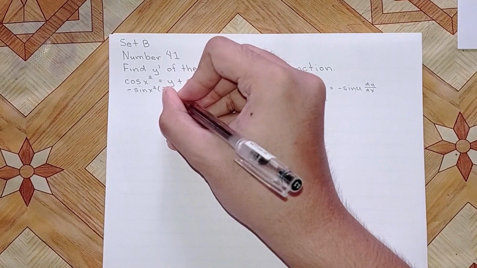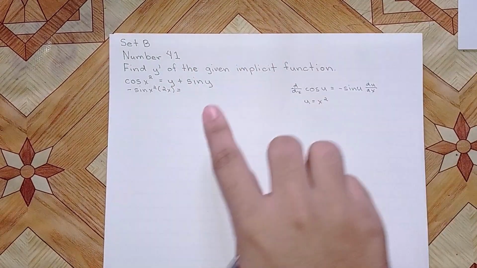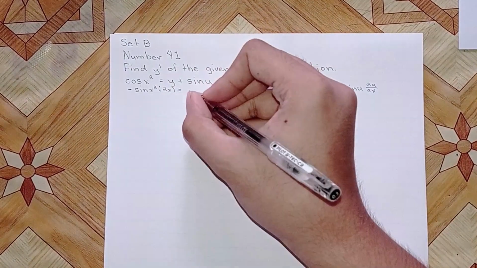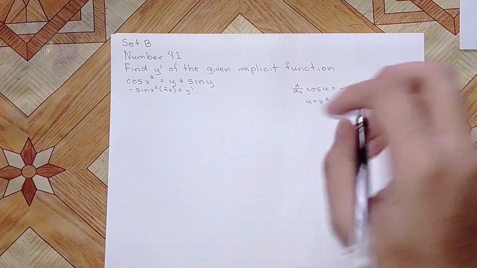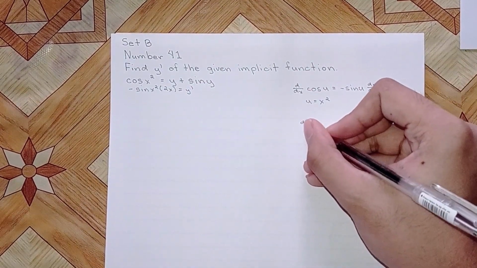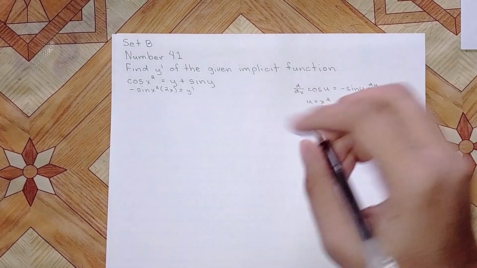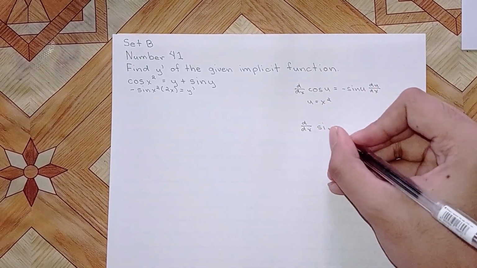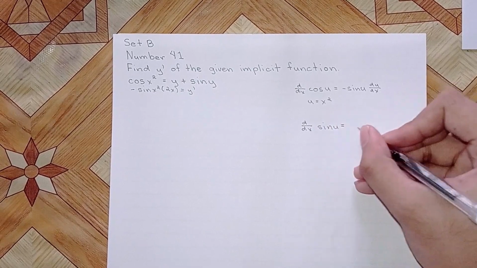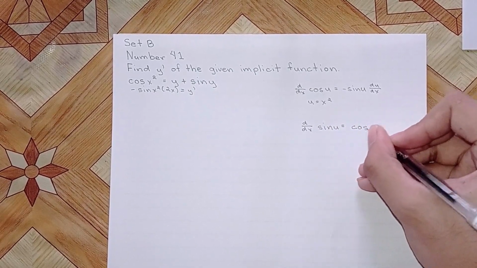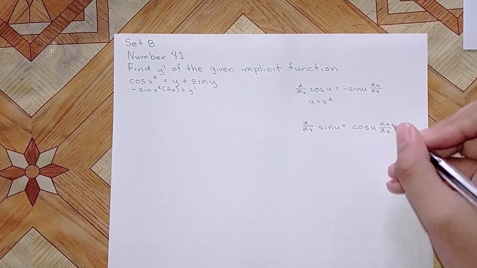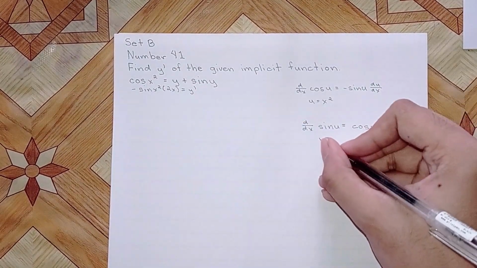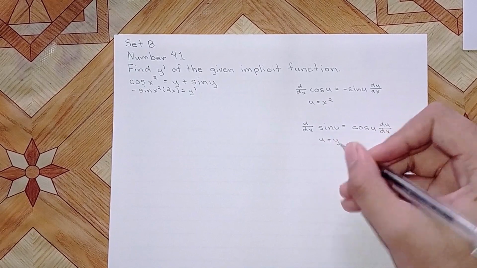So times 2x equals the derivative of y, which is of course y prime. And in terms of finding the derivative of sine, we know that the derivative of sine u is equal to cosine u times the derivative of u, wherein in our case our u here is equal to y.